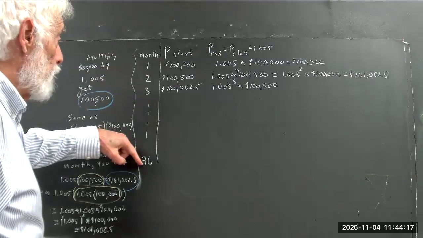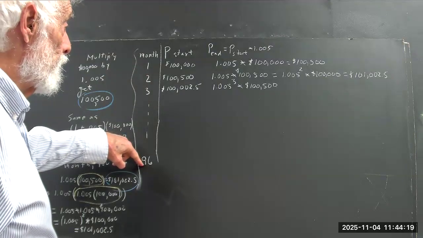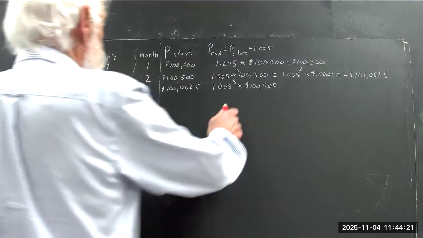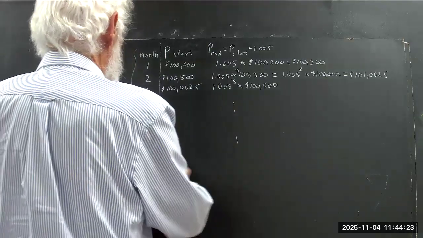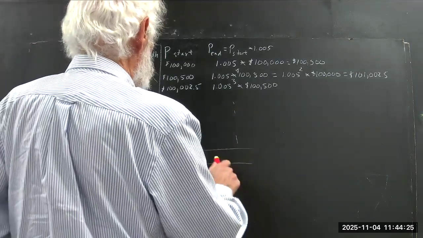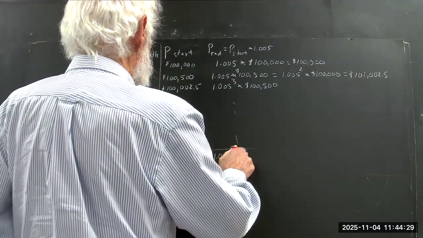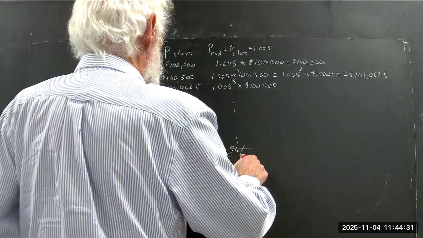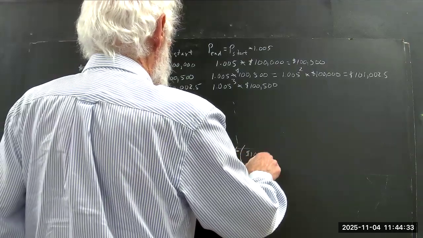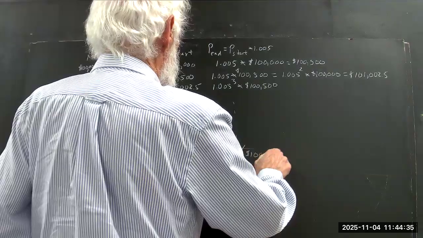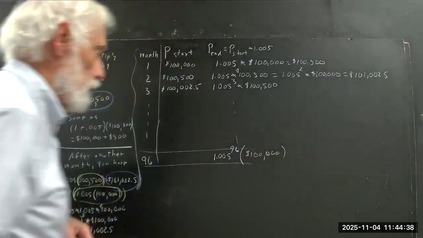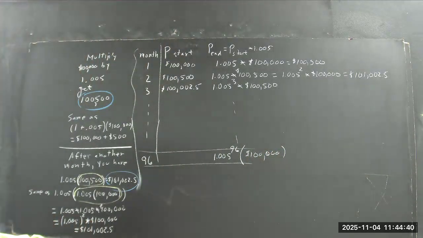Okay, so by month 96, this is going to come out 1.005 to the 96th power times the original $100,000.